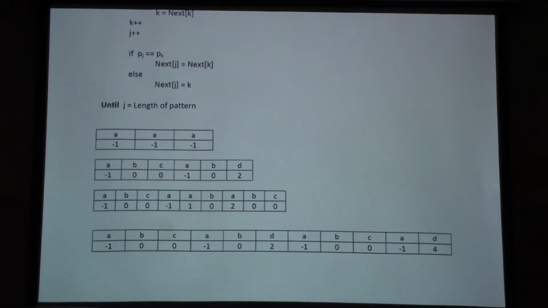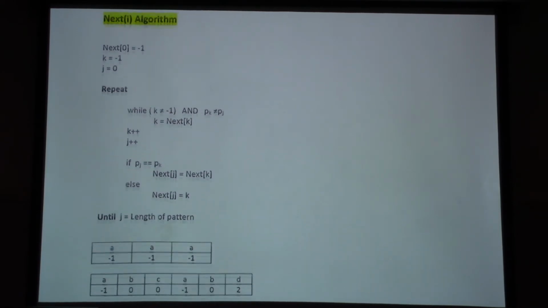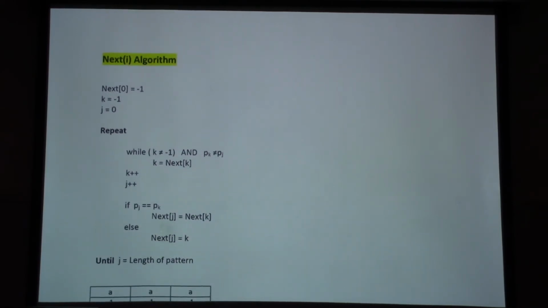And that's knowledge of our own string. Notice that the next table is computed without knowledge of the text. It's irrelevant. So what we're doing in this computation is basically computing our own self-similarity.